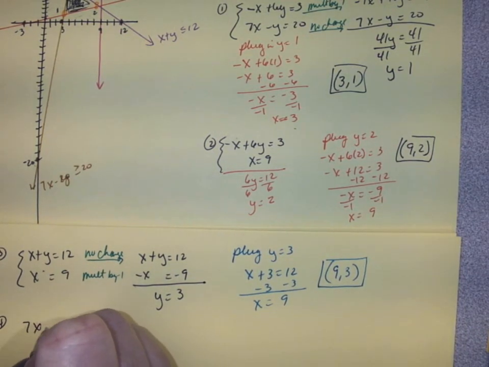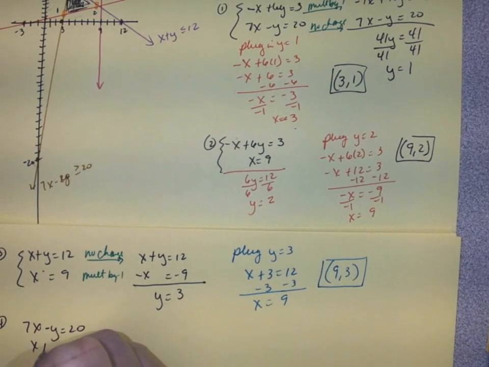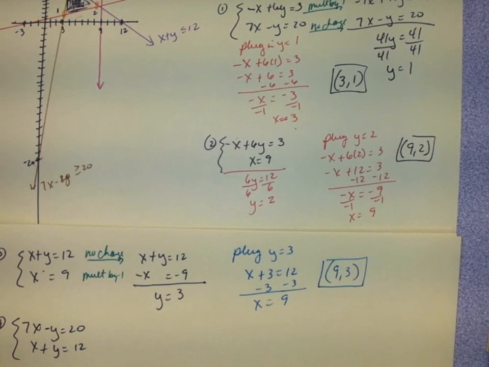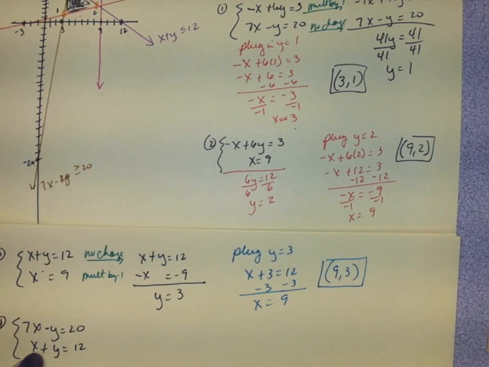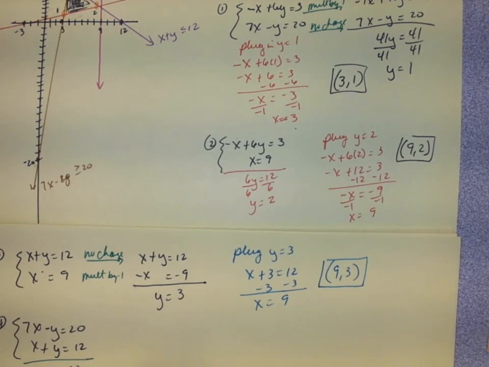So we have 7x minus y equal to 20, x plus y equal to 12. Now, as I look at this, I'm like, all right, I can just add this one, and my y's will cancel. So that'll get me 8x equal to 32. Divide by 8, x equals 4.